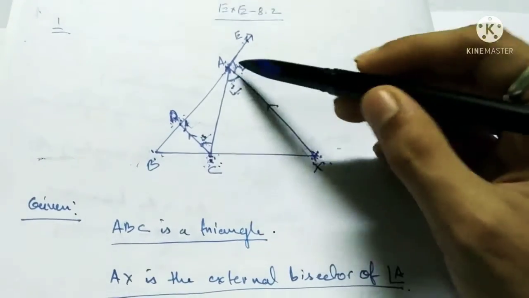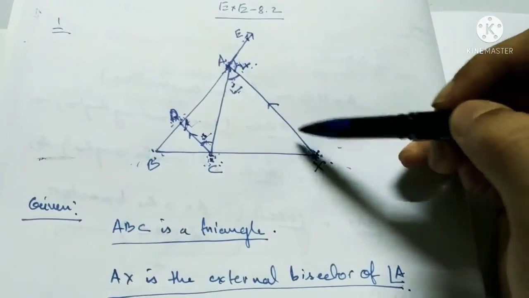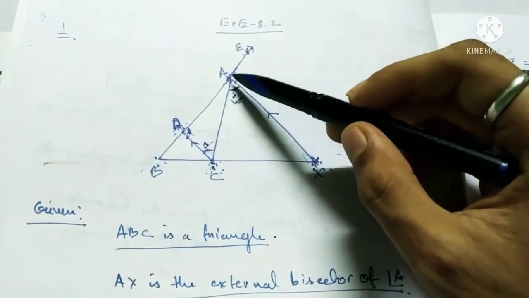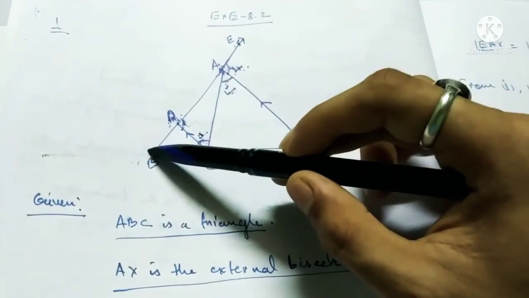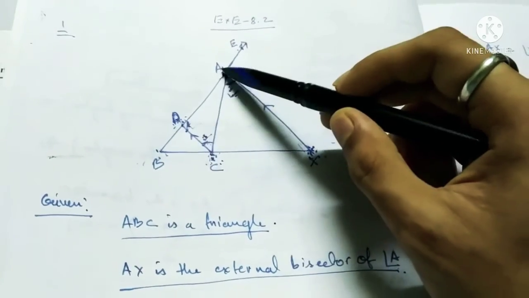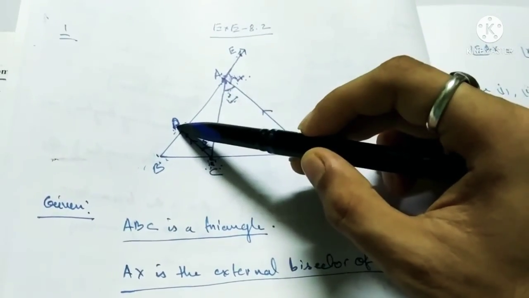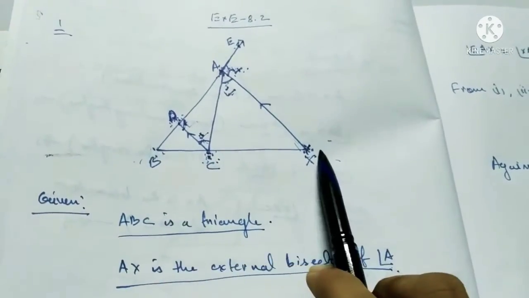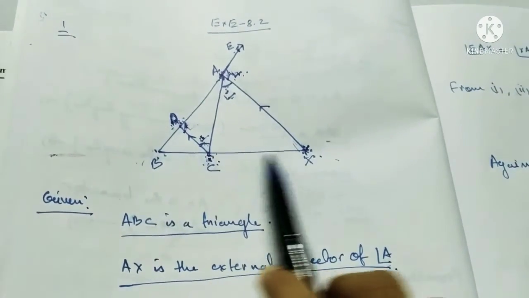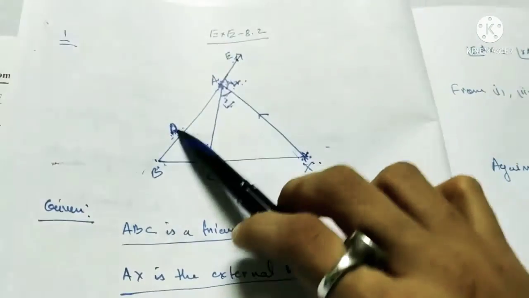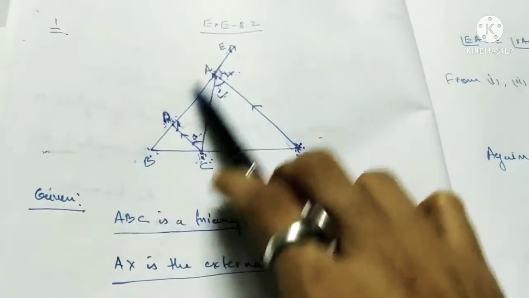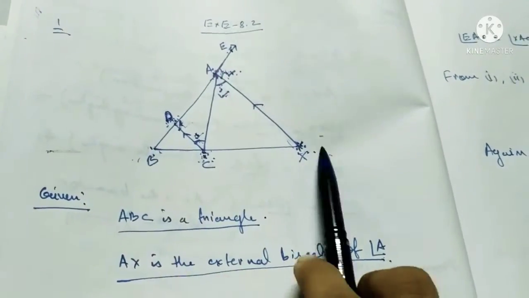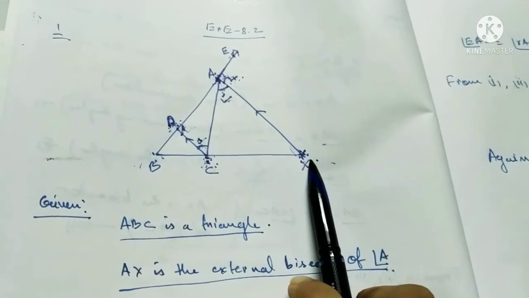Now again, since this is parallel to this, by the basic proportionality theorem I can say that AB by AD is equal to BX by CX.